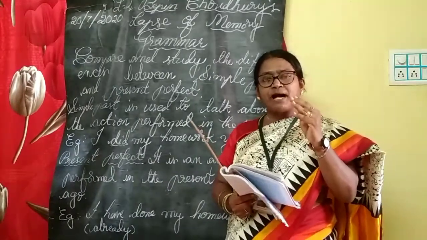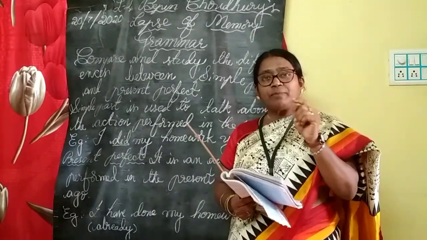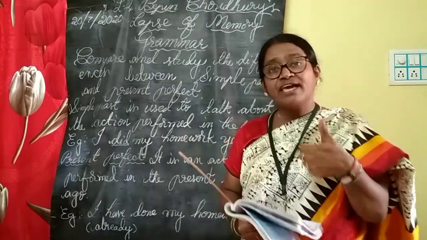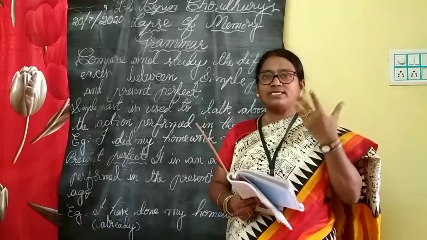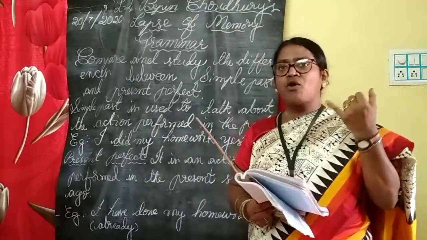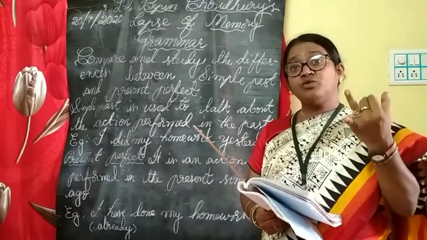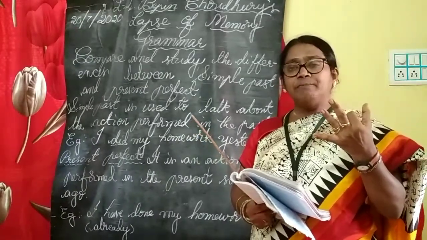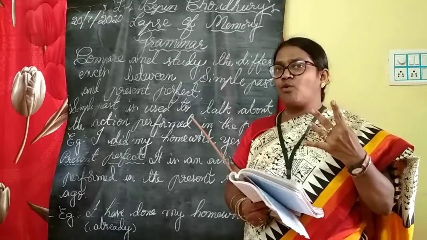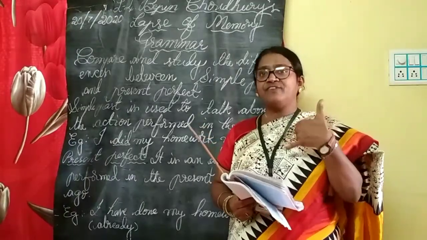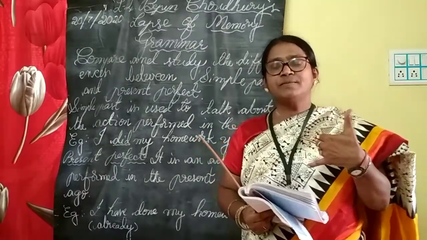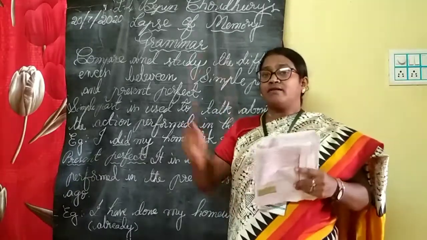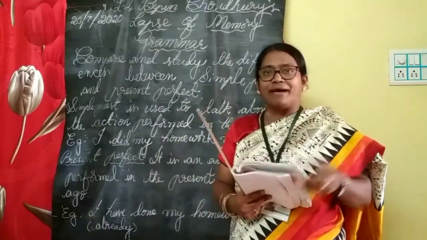V4 is the present participle, means V1 plus ing, and V5 is the simple present. Once again, V1 is base form or the present form. V2 is the simple past, V3 is the past participle, V4 is the present participle, and V5 is simple present or present indefinite.